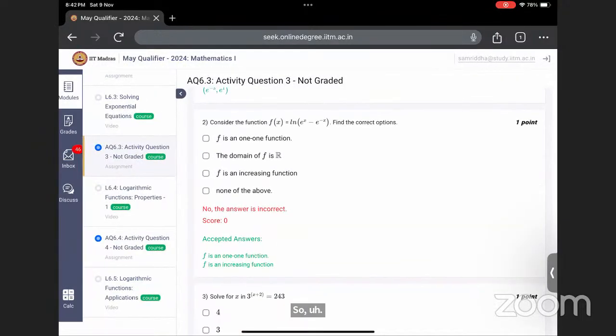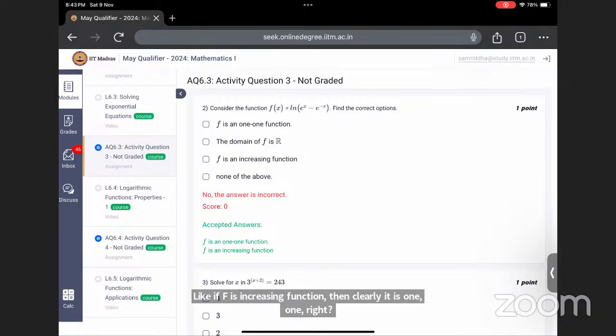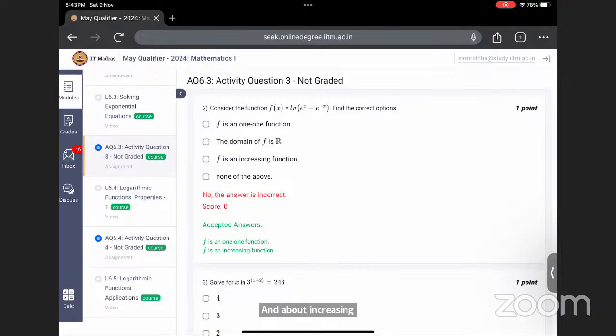You can conclude from the composition. If f is an increasing function, then clearly it is one-one, right? About increasing, this is the general thing: if you have a function, you calculate the derivative.